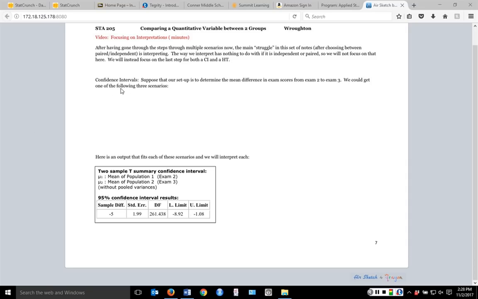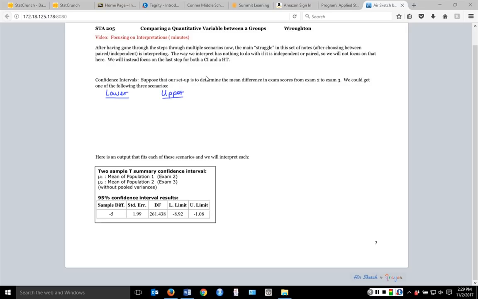So when we talk about confidence intervals, and our setup is to determine the mean difference in exam scores from exam 2 to exam 3, is what I'm going to use in this example. So we could get one of the following three scenarios when I construct my confidence interval. Whenever I construct a confidence interval, I'm going to get a lower limit, and then an upper limit. I'm going to get this range between this number and this number.